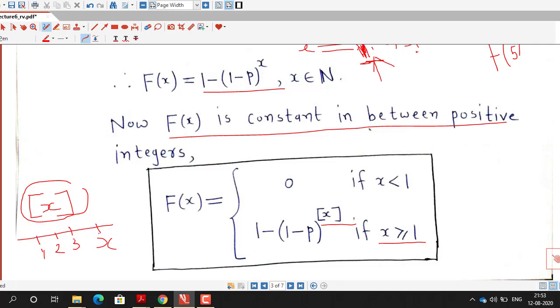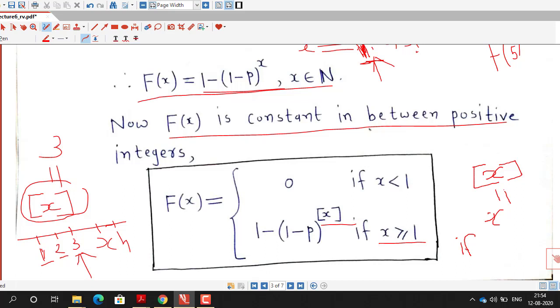So you have to concentrate on the integers which are less than or equal to x. Among these integers, 3 is the largest integer. So if x is somewhere between 3 and 4, then this is going to be 3. And if x equals 3, then it is always 3. So if x is an integer, the integral part of x is x itself. So it matches with this formula.